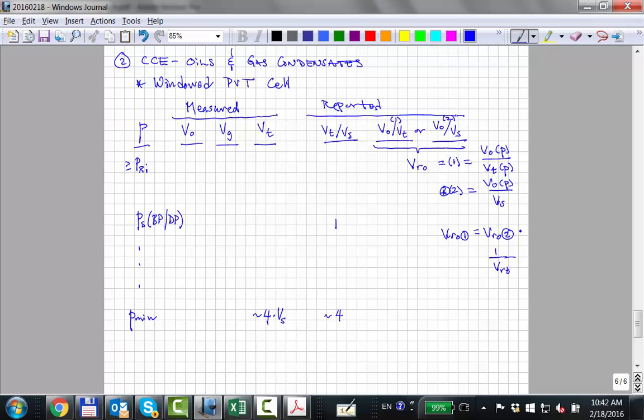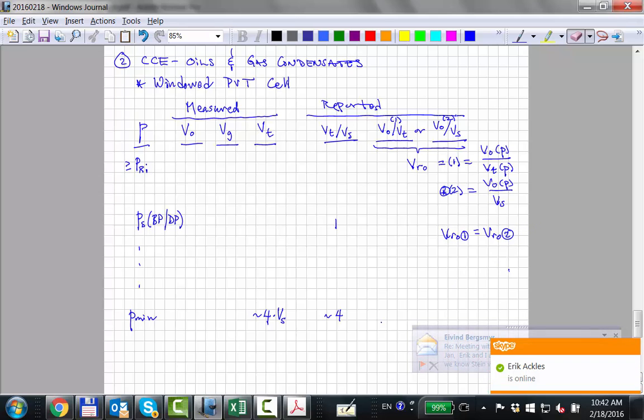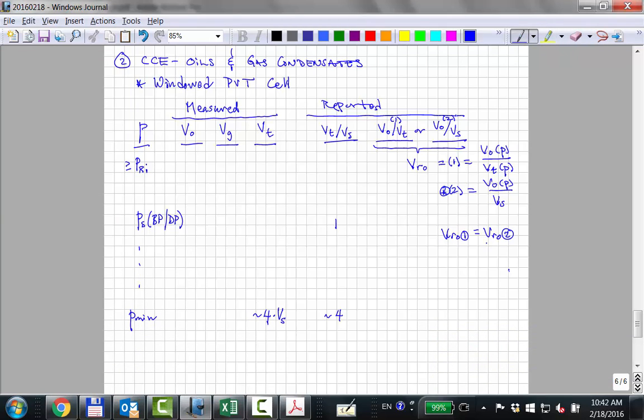It's kind of a screwy way to write this. I think that's right, because then the V totals cancel. Is that right? Yeah. That's all right.